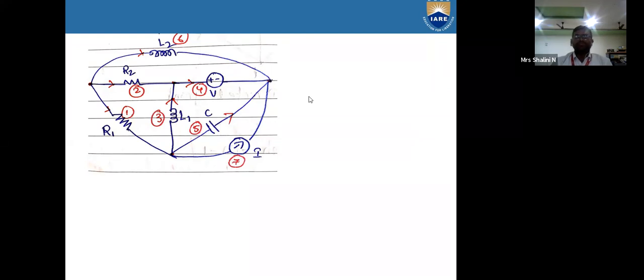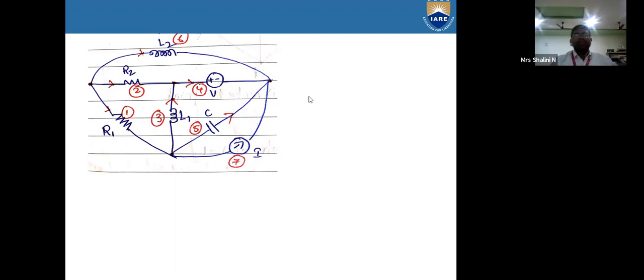Then you mention the node connections with the branch elements as a single line between the nodes. In that case, passive elements and independent voltage sources are short circuited and current sources are open circuited.